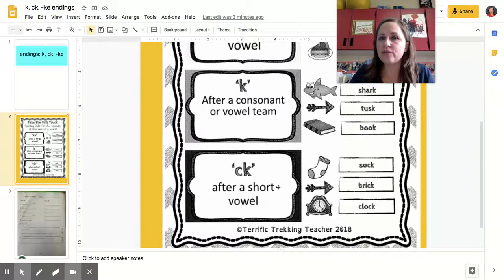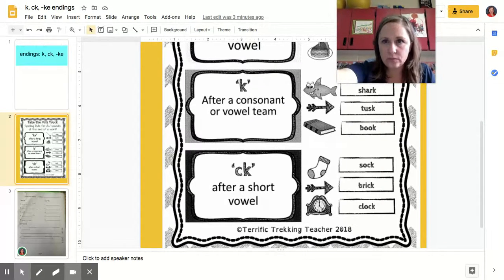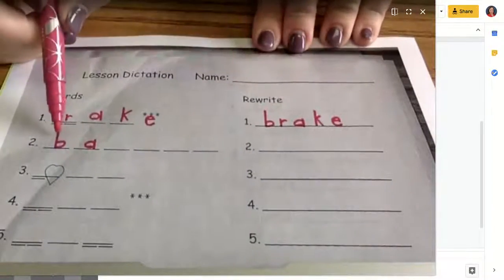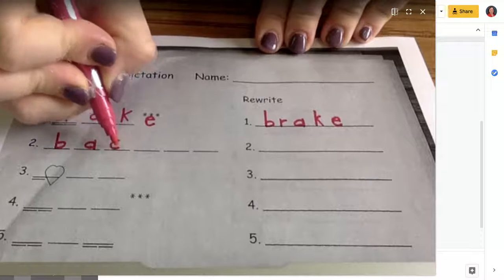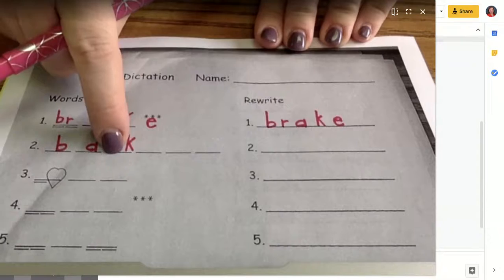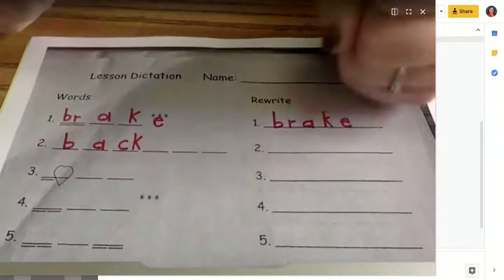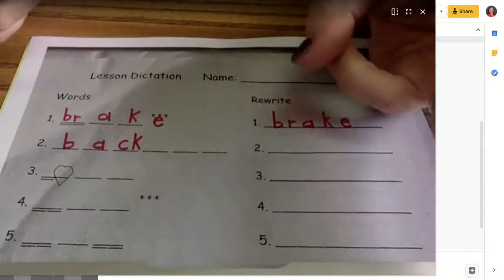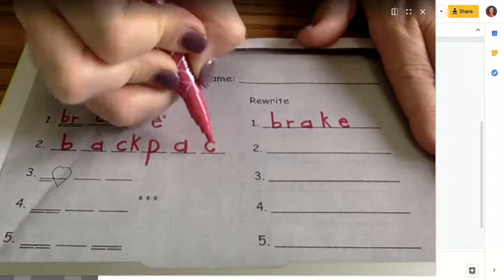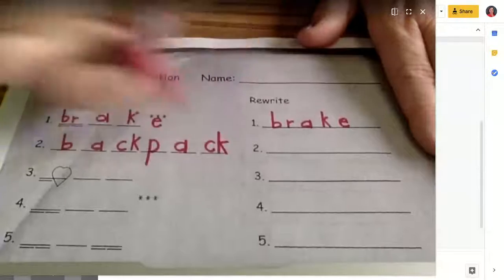And I know that after a short vowel, I'm going to use C-K. So, make you larger again. All right. B-A, I'm going to use C-K. But it's one sound, so it's on one line. B-A-K, P-A-K. Backpack.